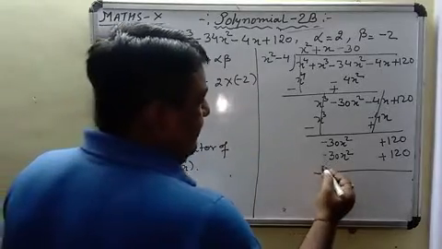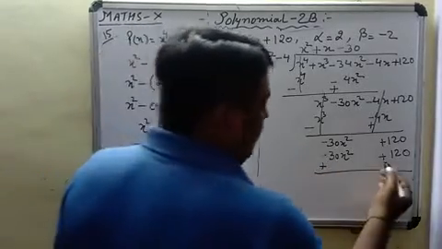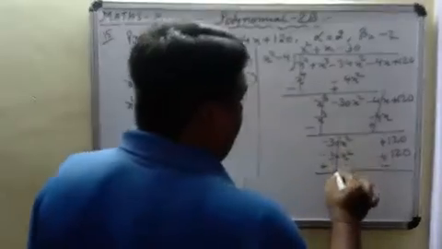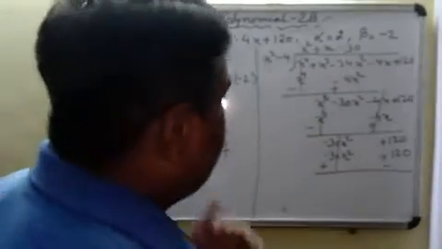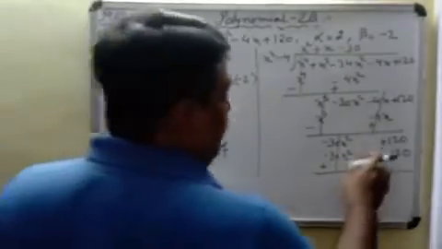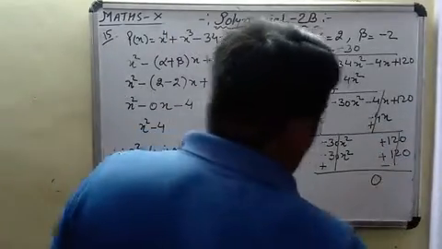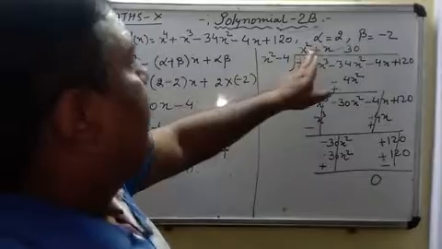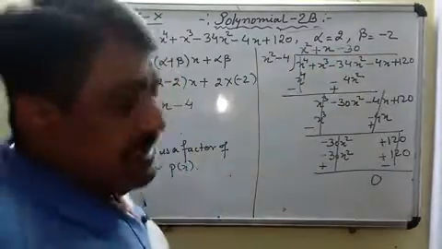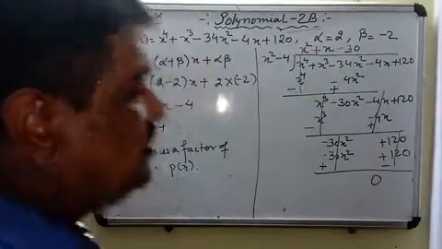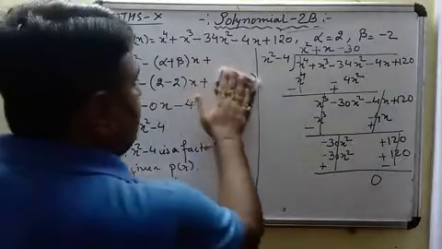It is in negative, it becomes positive, and this positive will become negative. Minus 30x square plus 30x square cancelled and plus 120 and minus 120 are also cancelled. The remainder is 0. So we have obtained x square plus x minus 30 as our quotient qx.